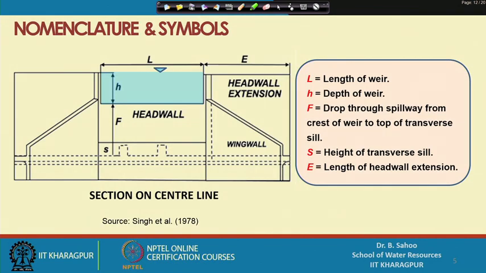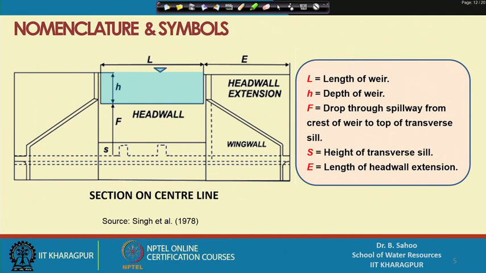This is the section on center line, specifically the downstream front view. Here L is the length of the weir, specifically we use a rectangular type of weir. The length L is generally selected based on the width of the approach channel, that is the width of the gully.